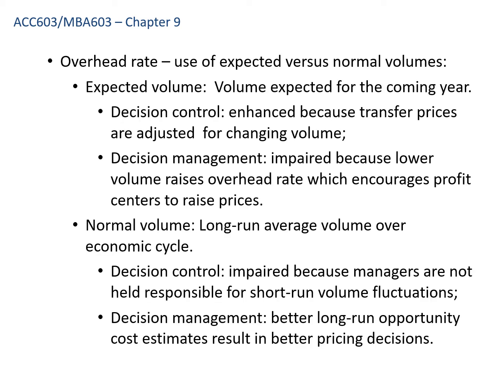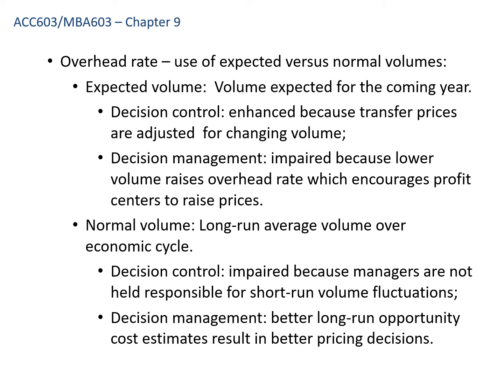So the overhead rate, there was a discussion in the book that I wanted to highlight about expected versus normal volumes, what you should use for that denominator. And the book makes a very compelling argument that you should really use the normal long-term volume versus what you actually think you might do this year in the short run. The reason for that is, I think the book used an example of a new competitor coming in, they take some of your business, so your volume goes down.